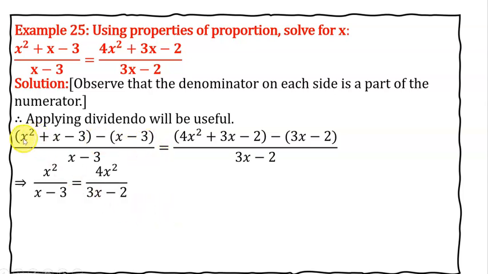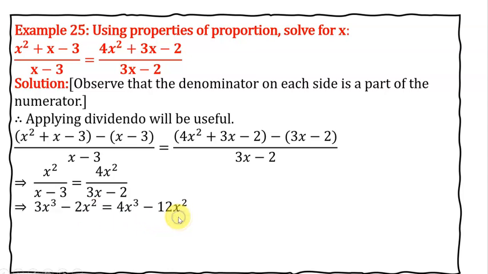Therefore the numerator is x square and the denominator is x minus 3. Similarly here, plus 3x and minus 3x get cancelled, minus 2 and plus 2 get cancelled. Therefore the numerator is 4x square upon 3x minus 2.